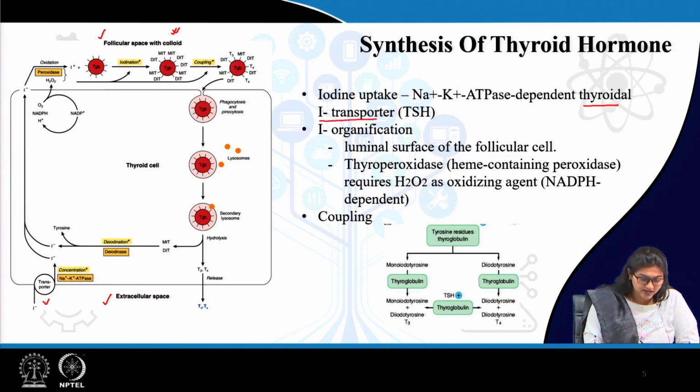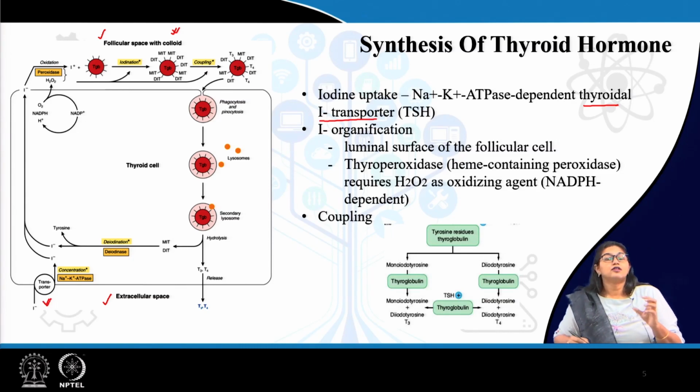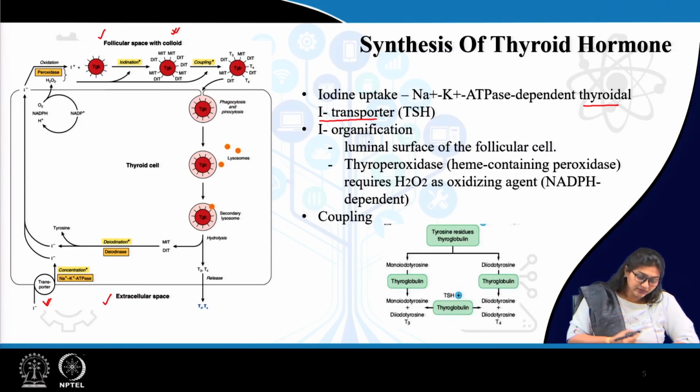Here you can see the transporter. This transporter has the unique property of concentrating iodine from the extracellular space within the thyroid cell against the concentration gradient. So, basically this transporter causes iodine uptake from the extracellular space.